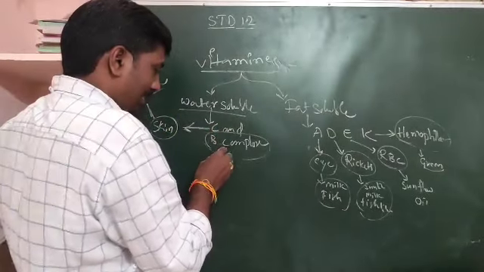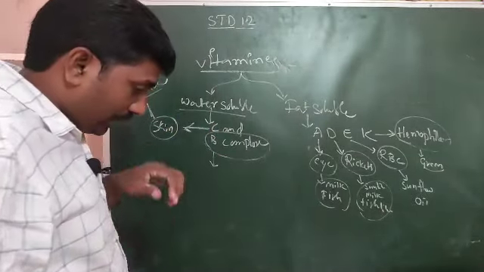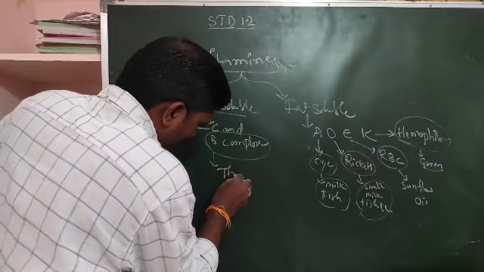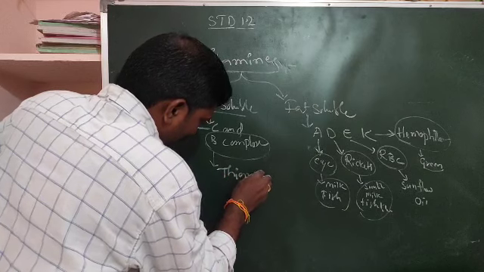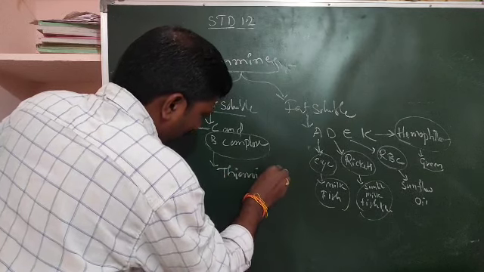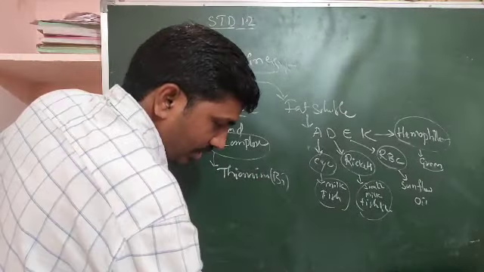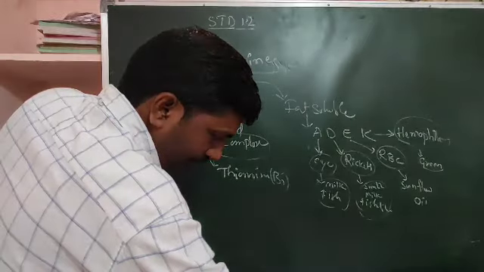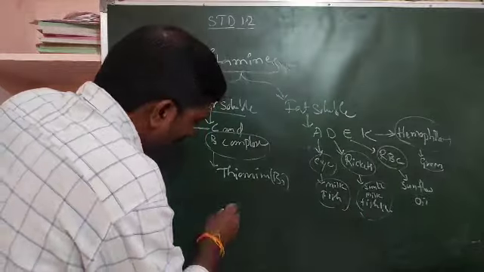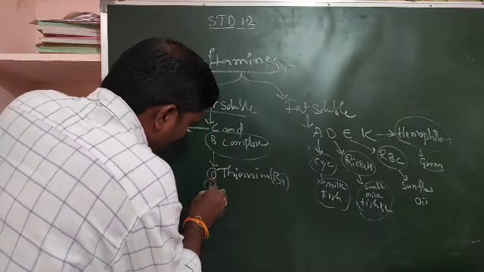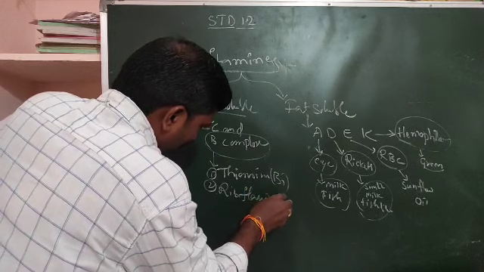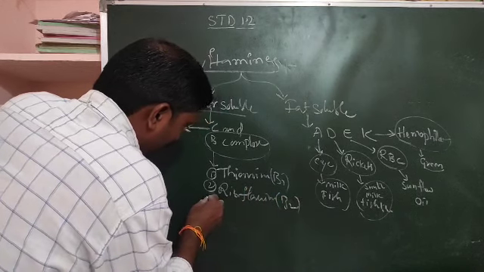Now the B complex has some names. First is thiamine, vitamin B1. Second is riboflavin, vitamin B2.